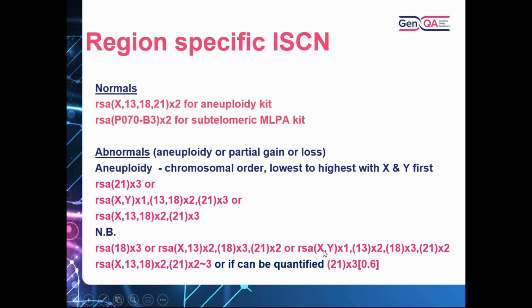And for a male, even more complicated because X and Y times 1, 13 times 2, 18 times 3, 21 times 2. And if you're doing the mosaics, then in this particular case, where we had times 3 here, it's times 2 to 3, or if you can quantify it, 0.6.